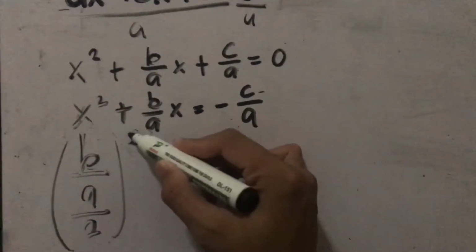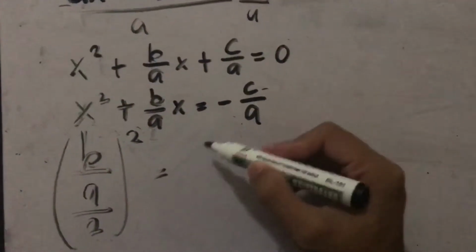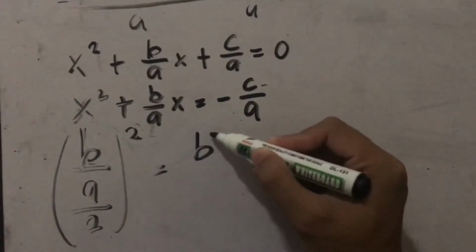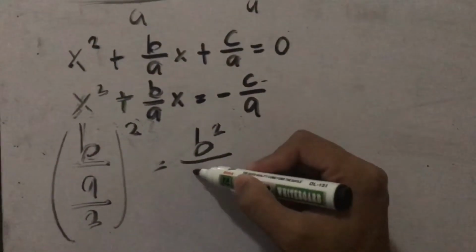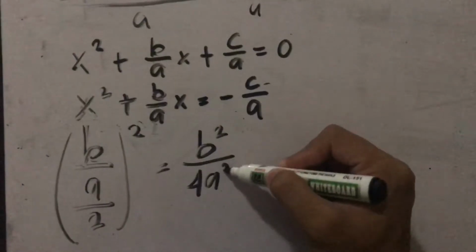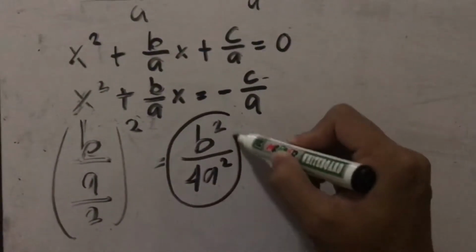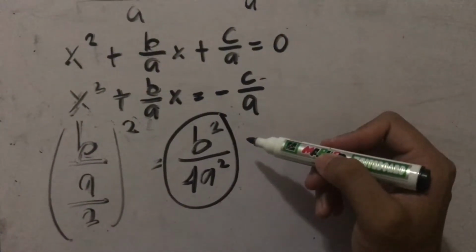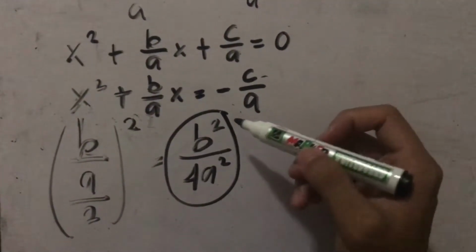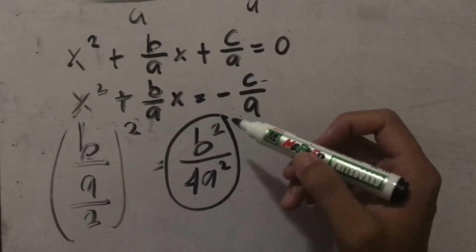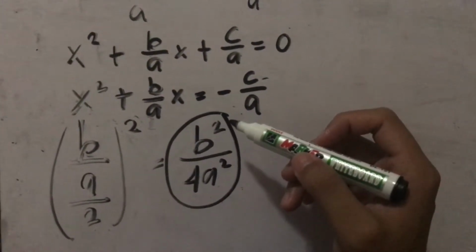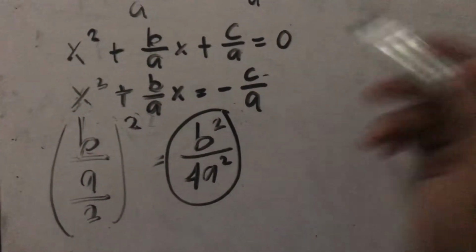So equals b squared over 4a squared. So ito yung gagamitin natin para ipang-add natin sa both sides ng equation para magkaroon tayo ng perfect square trinomial.